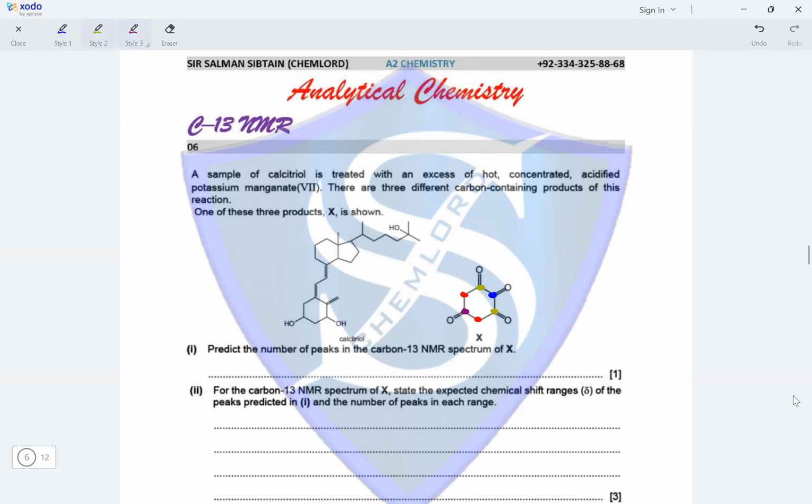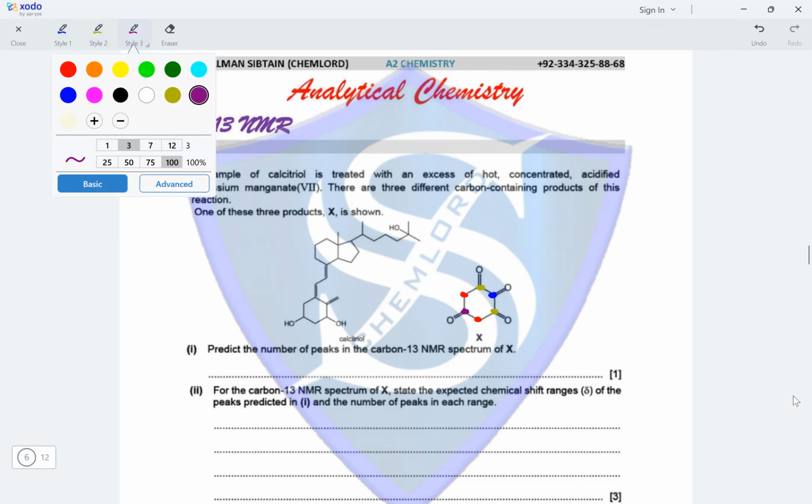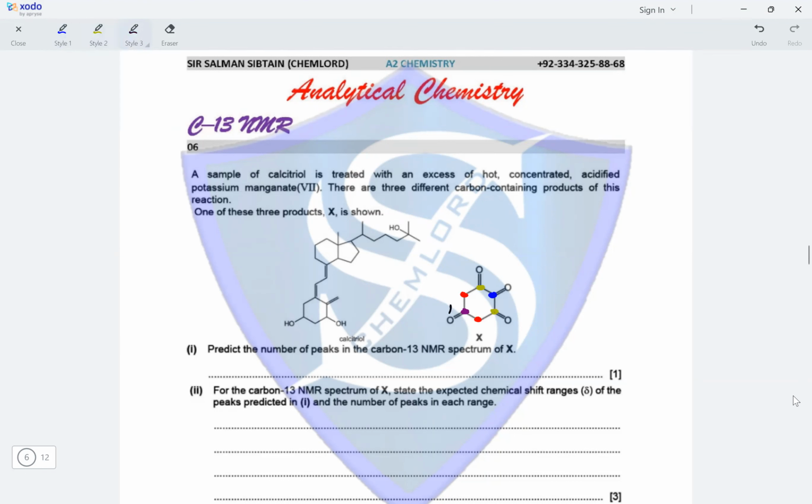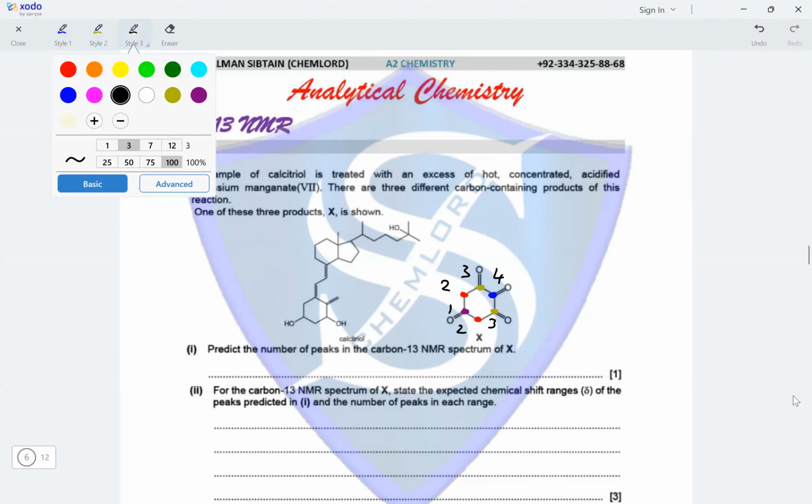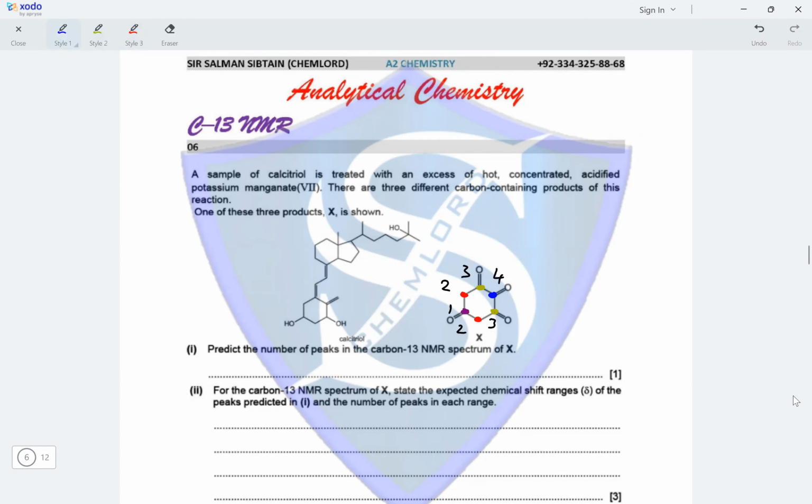So in total, we end up with 1, 2, 3, and 4 environments for the carbon atoms present in compound X. So the number of peaks in this carbon-13 NMR spectrum X would be 4 peaks.